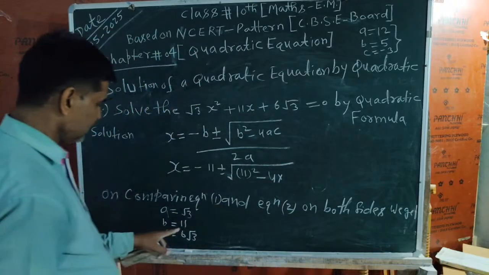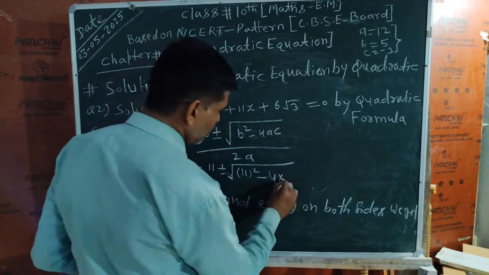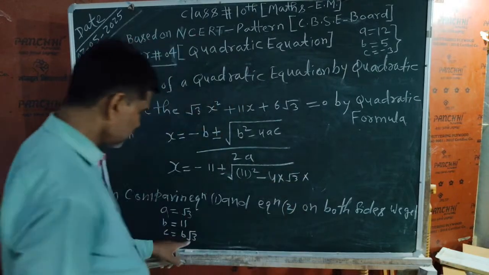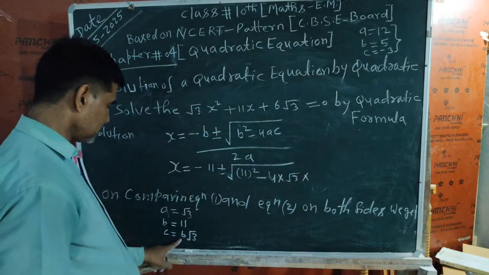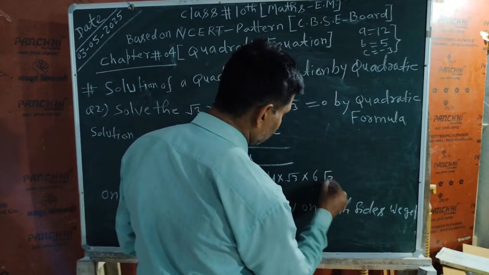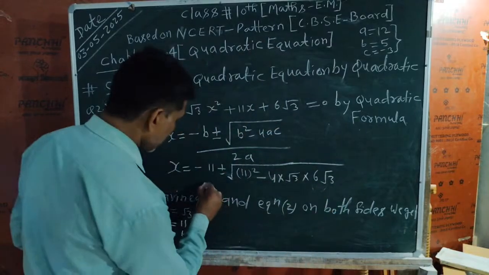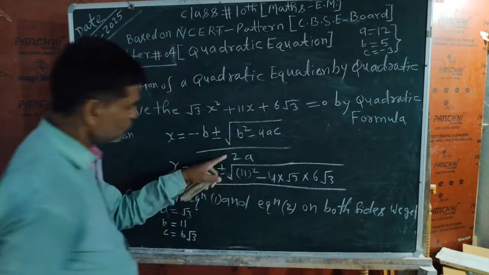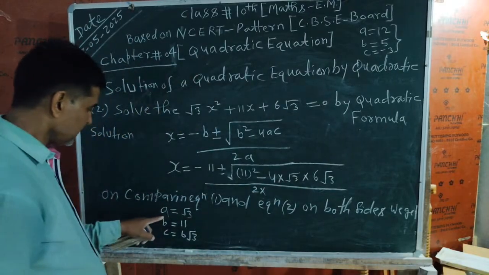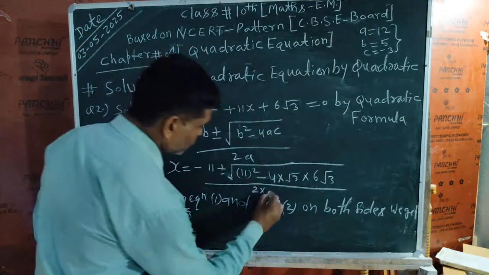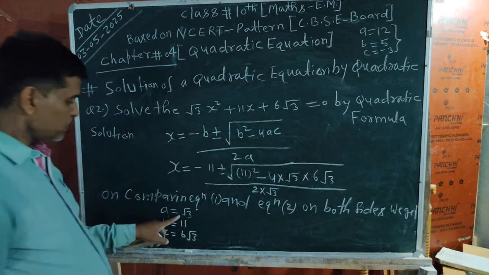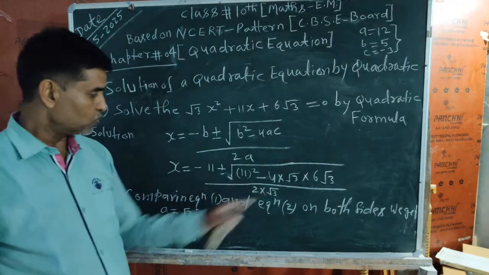The value of a is root 3, so I will put root 3 into, now the value of the constant term is 6 root 3, so I will put 6 root 3, divided by 2a. 2 is available, so I will put 2, but the value of a is root 3, so I will put root 3. Okay student, so the value of a I have to put here is root 3.